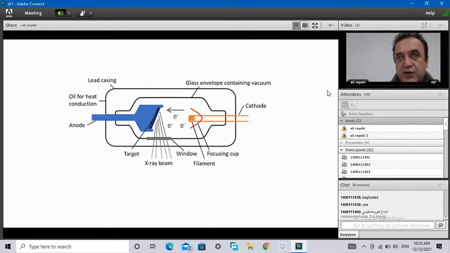It is very important. This is a device named an X-ray tube or X-ray lamp. They are the same.